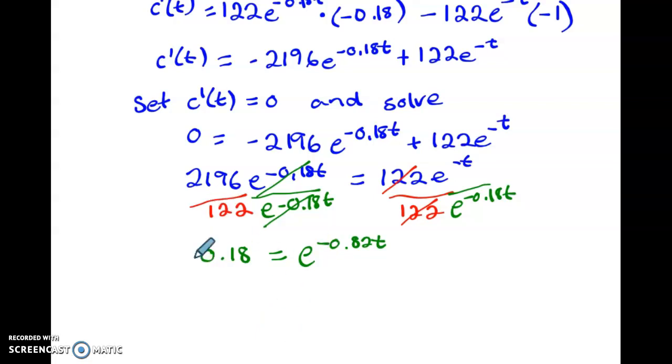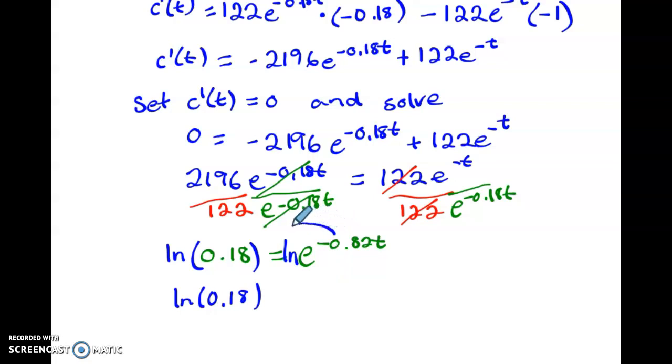Now we have one equation that has one t, so we need to isolate that t. The way that we get a t out of an exponent position is we apply logarithms. Since our base is an e, I'm going to use ln and apply the ln to both sides, which works nicely since ln is log base e. On this side, we're just left with the ln of 0.18.